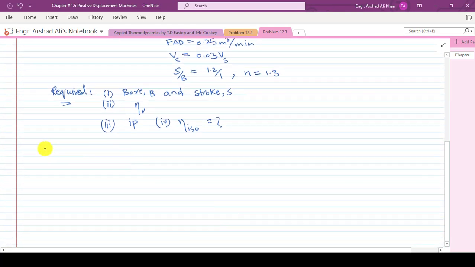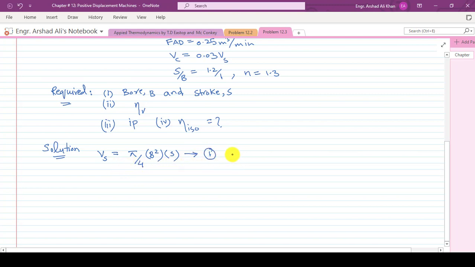From the given information and considering the air compressor given in the statement, the swept volume of the cylinder is given by pi by 4 B square into S. We are going to find the bore and stroke, and for that this expression will be helpful; call it expression 1.